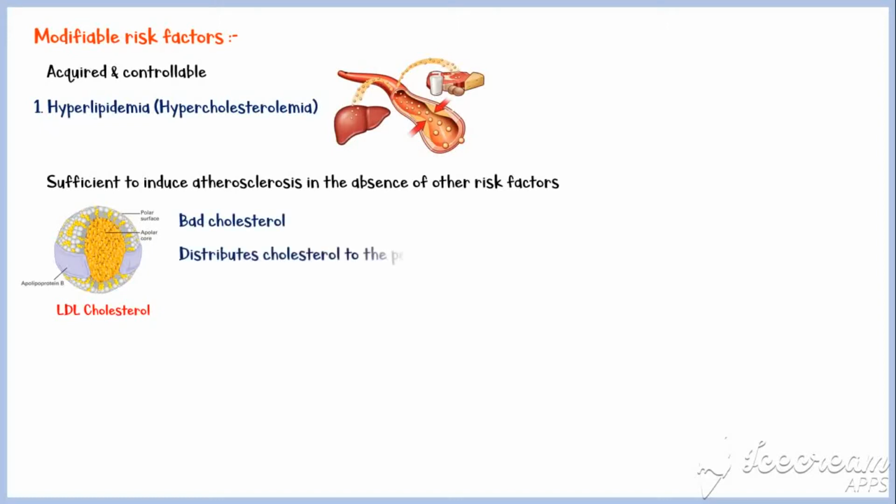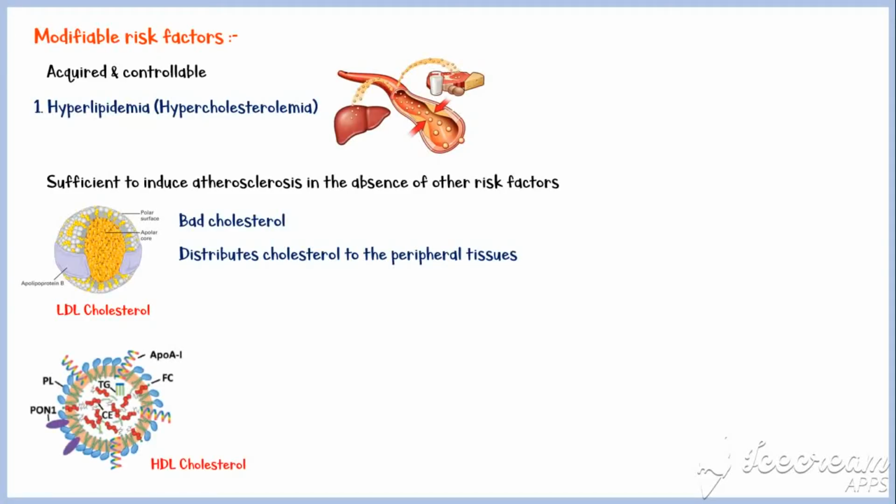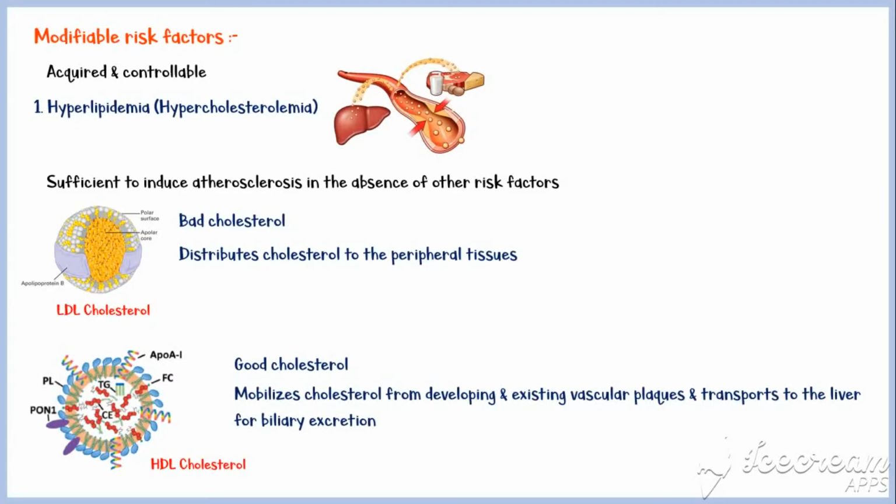It distributes cholesterol to peripheral tissues. By contrast, HDL cholesterol, commonly known as good cholesterol, mobilizes cholesterol from developing and existing vascular plaques and transports it to the liver for biliary excretion. Therefore, higher levels of HDL cholesterol reduce the risk for atherosclerosis.